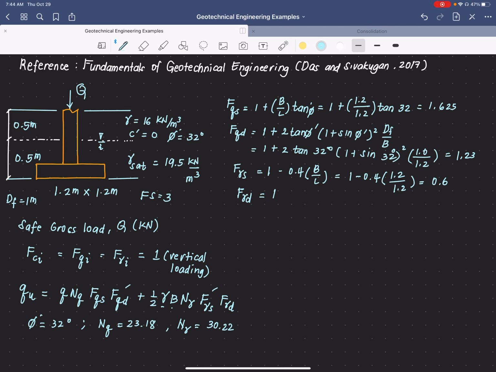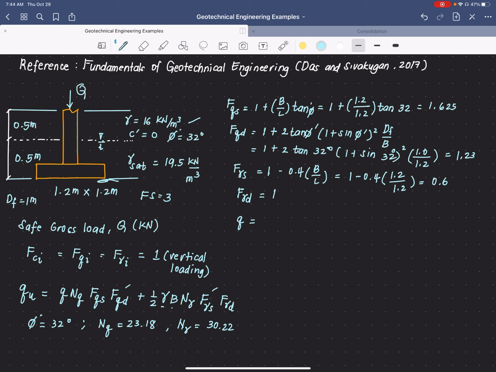So most of the terms are already known. We can just calculate the effective stress, or Q, or the overburden pressure, at the bottom of the foundation. So from here, to get the Q in this portion, we start from the ground surface. For the dry condition, the water table is located 0.5 below the ground surface, and so the upper portion is considered partially saturated or dry, and so we use 16 as our unit weight for that part.